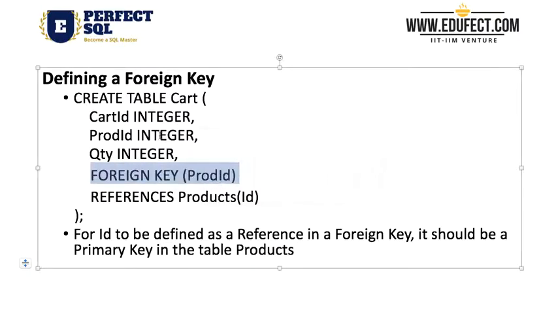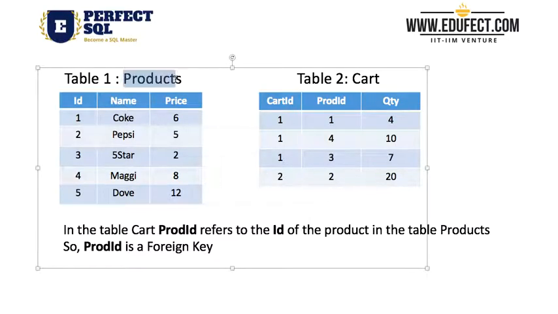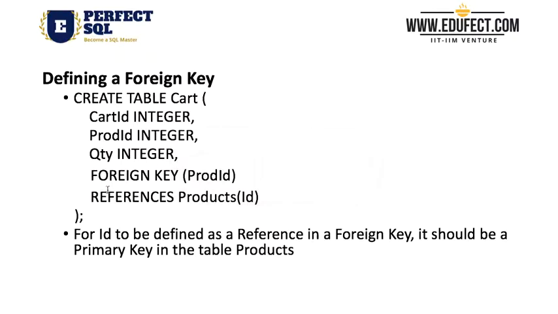So we are saying that this field prod ID is a foreign key, and because it's a foreign key, what is it referencing? It is referencing products ID. So in the table products, it is referencing the field ID. Which is why while defining it, we are saying references products ID.